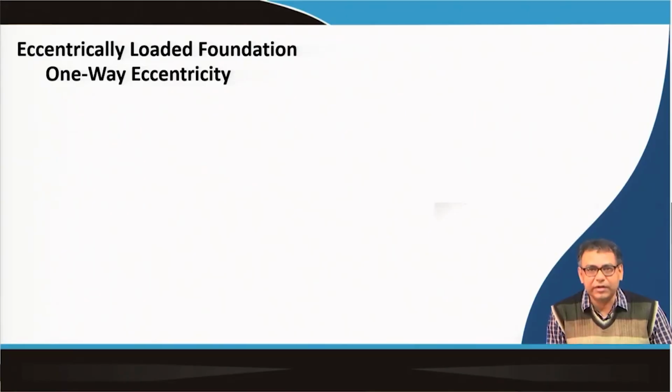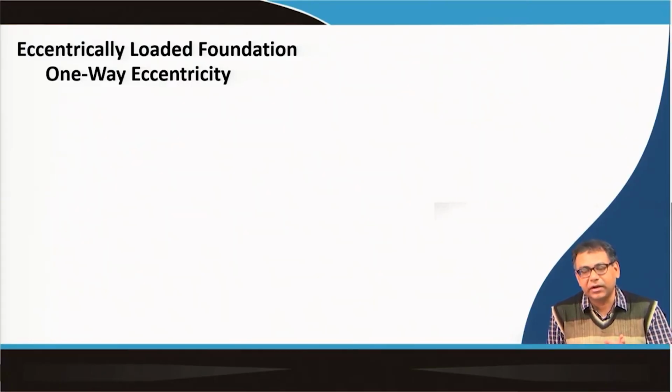So, now the first thing: the eccentricity can be of two types. One is one way eccentricity and another is two way eccentricity. One way eccentricity means the load is acting away from the center in a particular direction, either length direction or width direction, and in the two way eccentricity it is acting away from the center with respect to both directions.